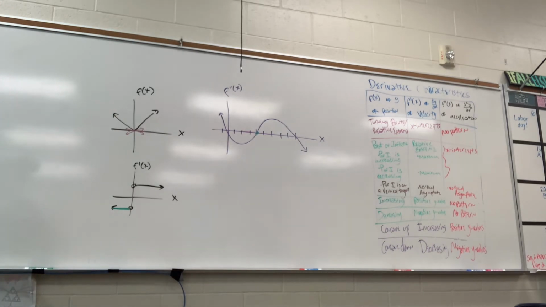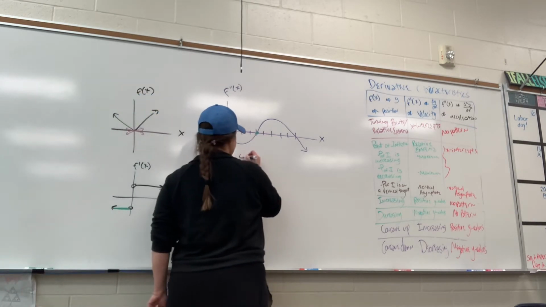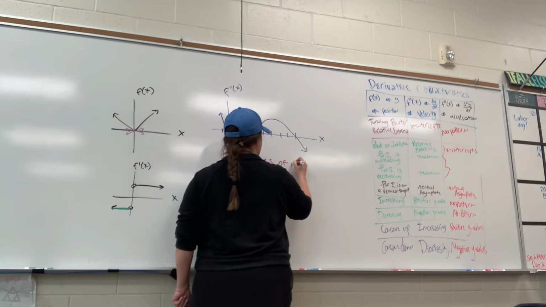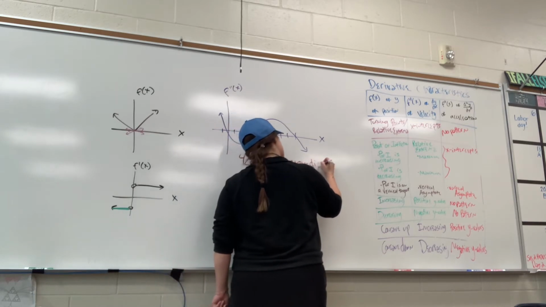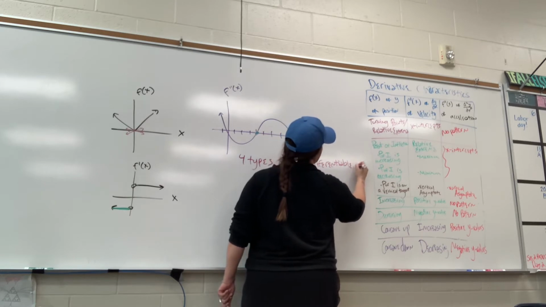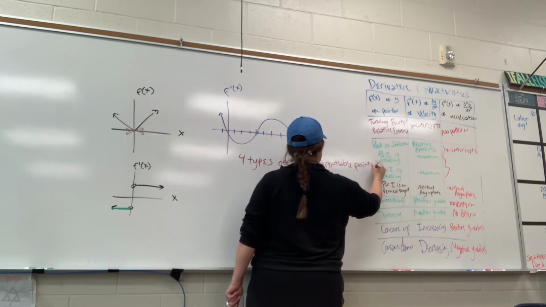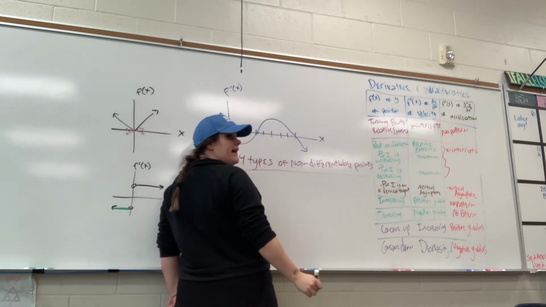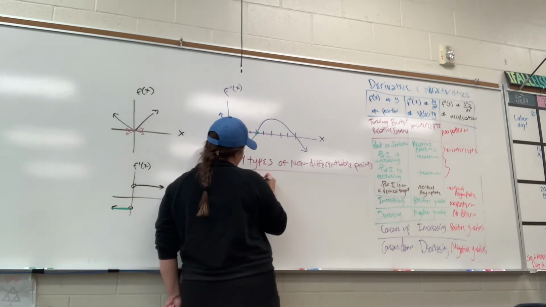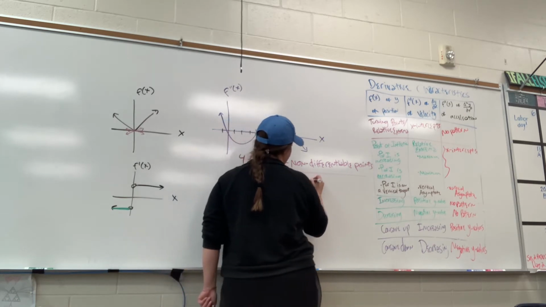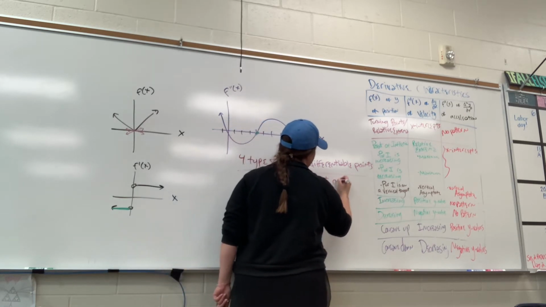So we have 4 types. This needs to go on your notes. 4 types of non-differentiable points. Okay? The first one is anywhere f of x is not continuous.